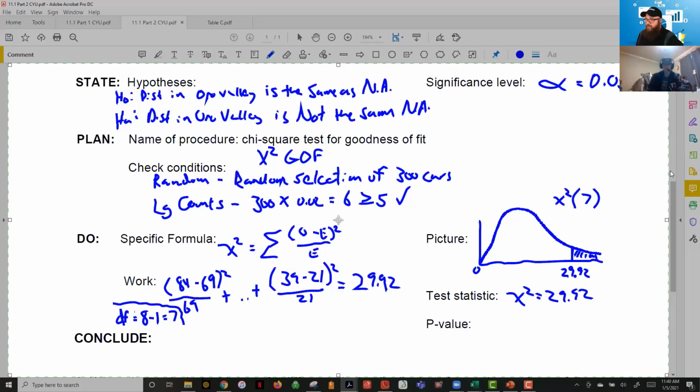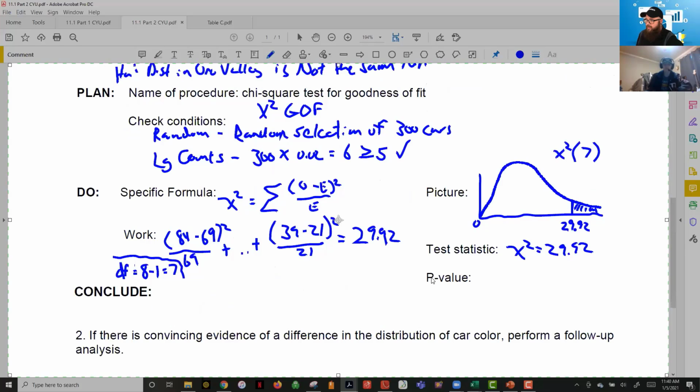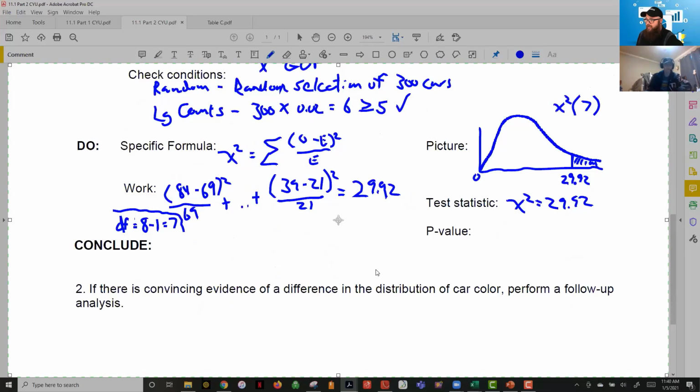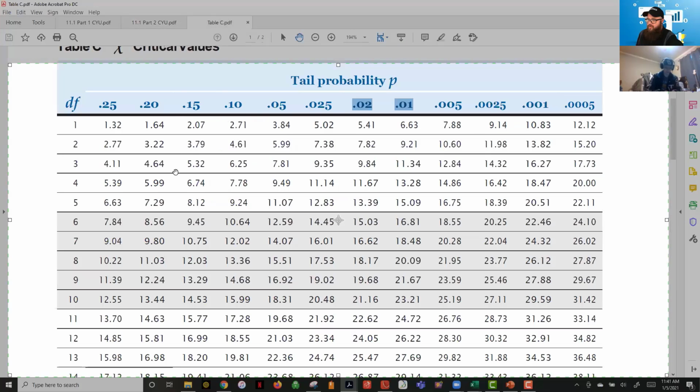Now, for the p-value, you can do this, of course, two different ways, as we've done on a previous problem. You can use a table, and if you use a table, write out that you used table C. With that, we got 29.92 and degrees of freedom of 7. So here, I'm going to look at degrees of freedom of 7, and I'm going to look for a value that's 29.92.